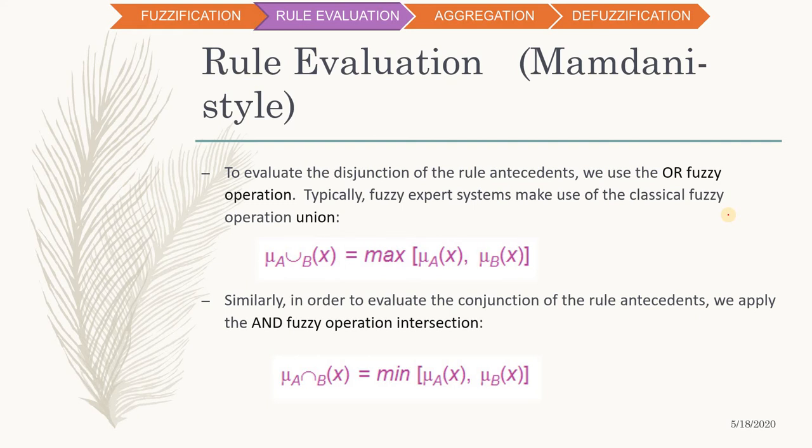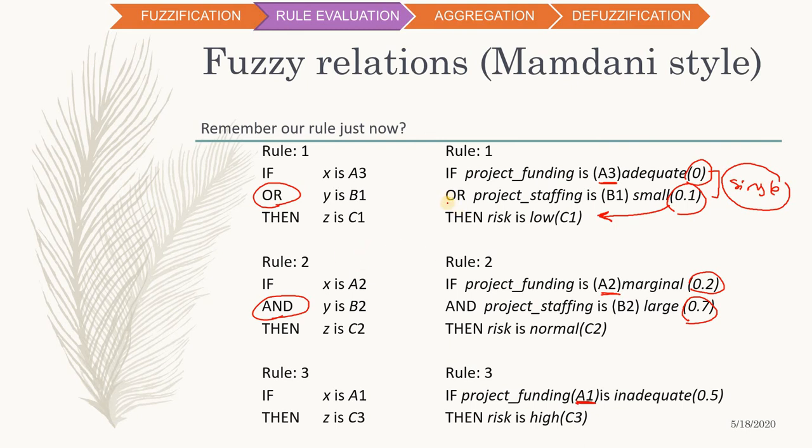First, we have to evaluate the disjunction or conjunction of the rule antecedent, and determine which one it is. If we use the OR fuzzy operation, we take the maximum value.